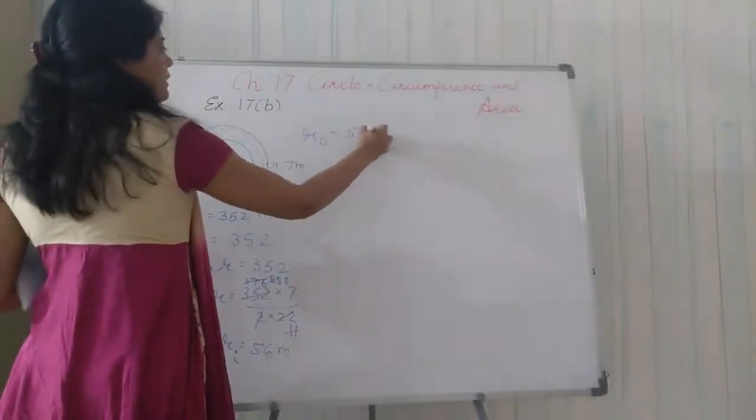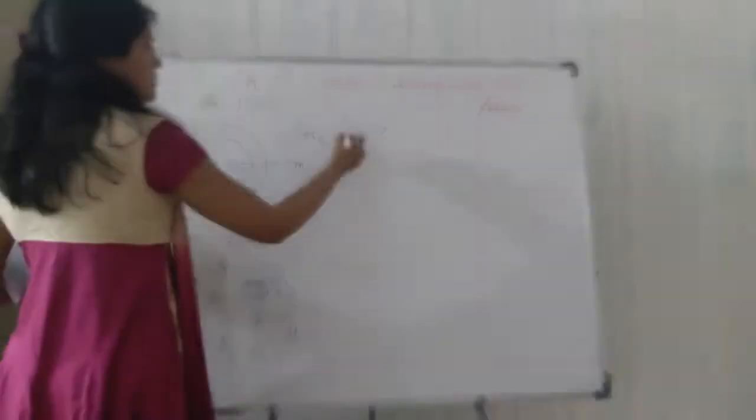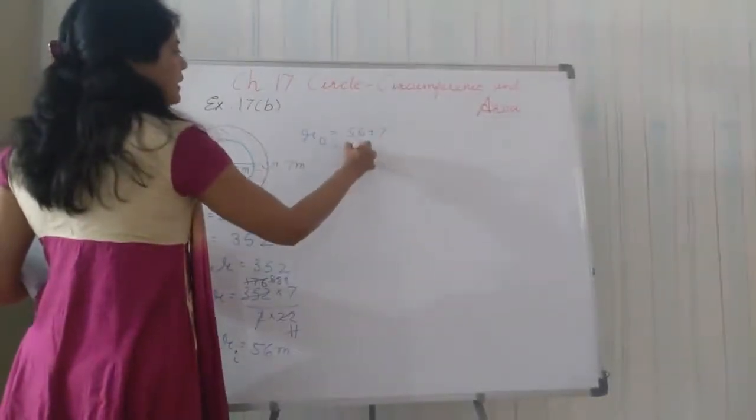Now we find the outer radius also. Now you understand the method, students, that the inner radius is found. The work is to get our outer radius, which is by adding 56 plus 7. The width of the road we will add to the inner radius. So here we get 63 meters outer radius.